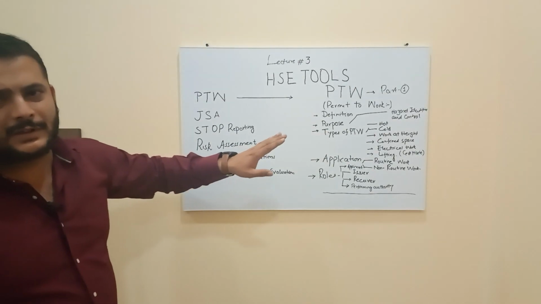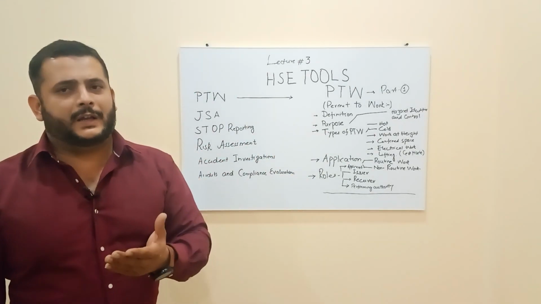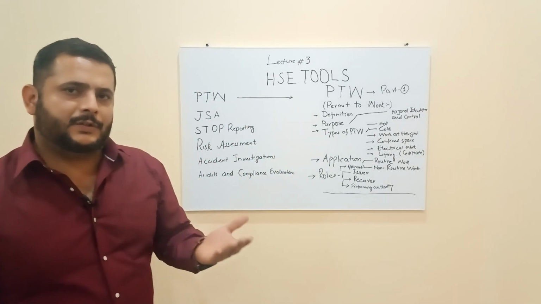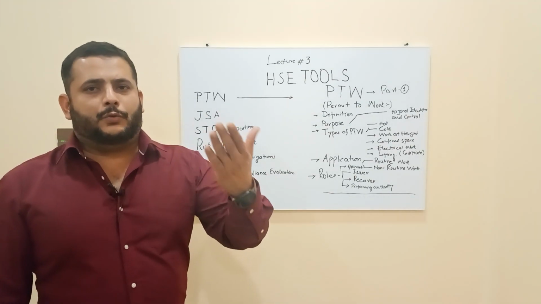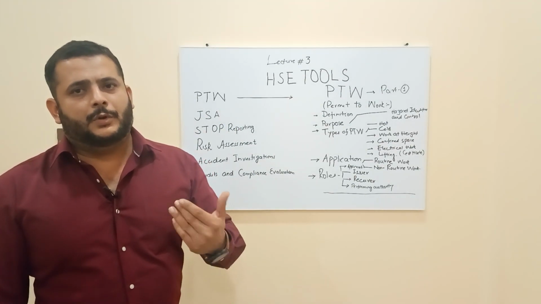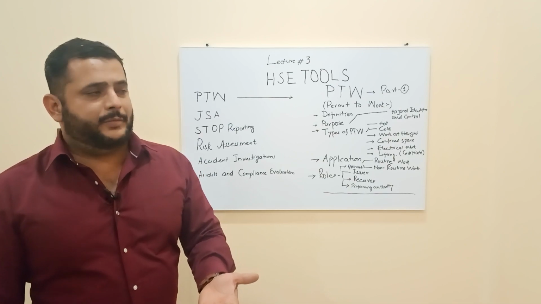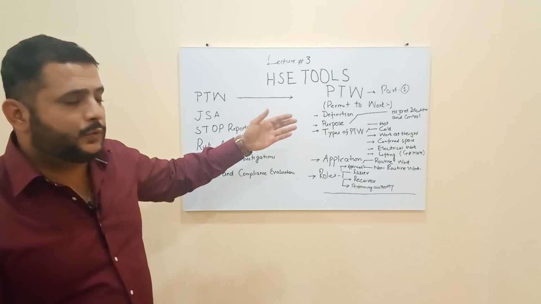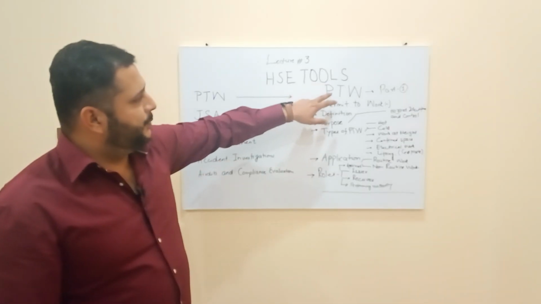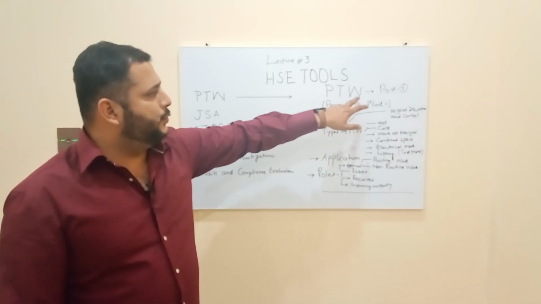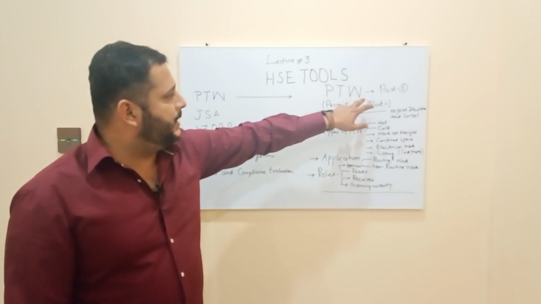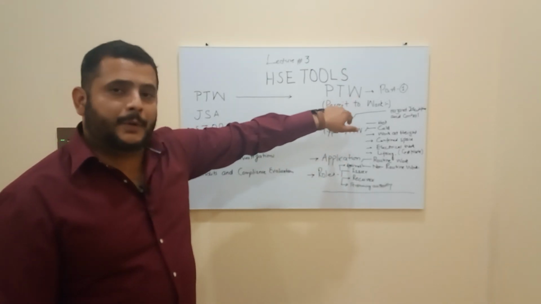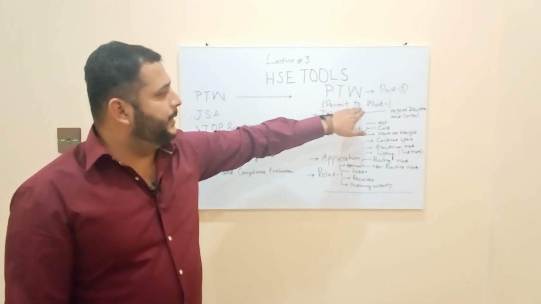First of all, our first HSE tool is PTW. In this lecture, I will just give you a brief outline of this PTW. In the next lecture, I will discuss how to do this job and how to operate these tools in a safe manner. PTW stands for permit to work: P stands for permit, T stands for to, and W stands for work.